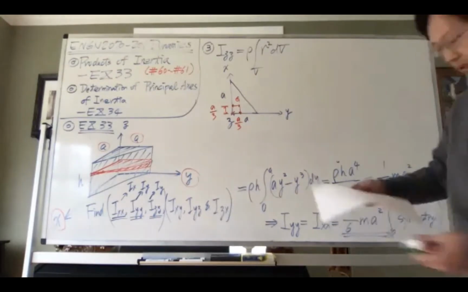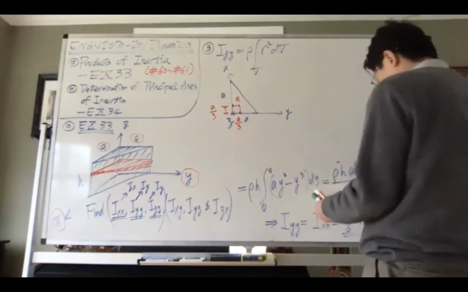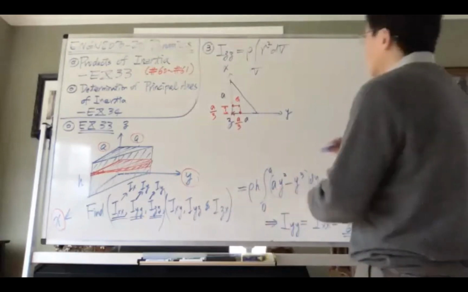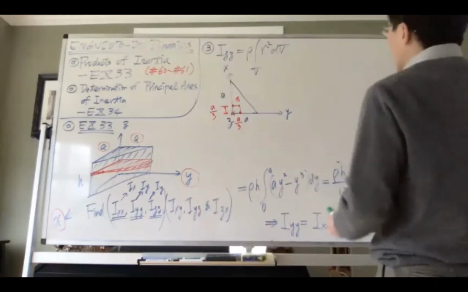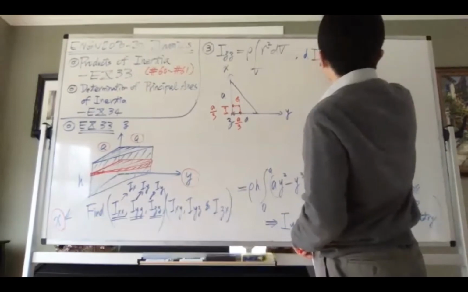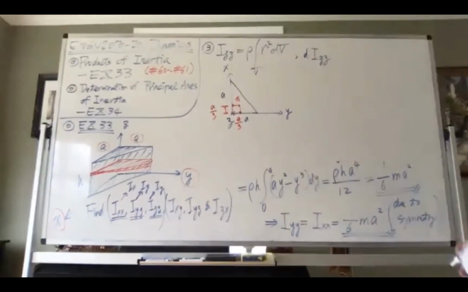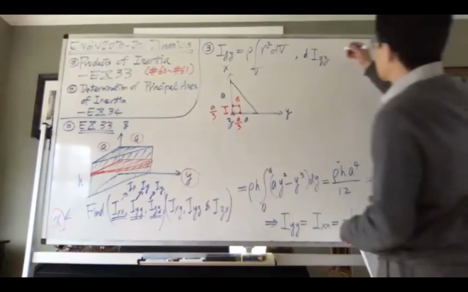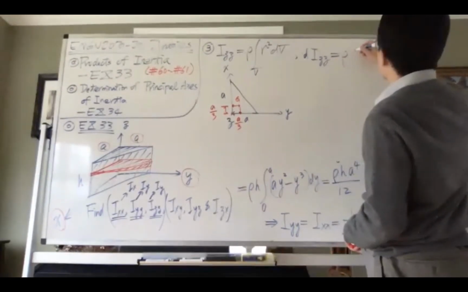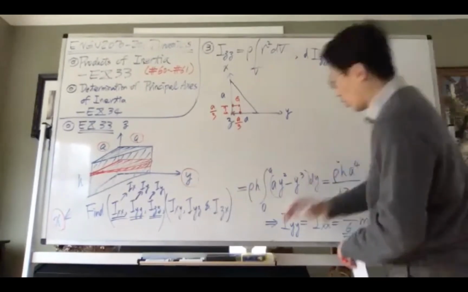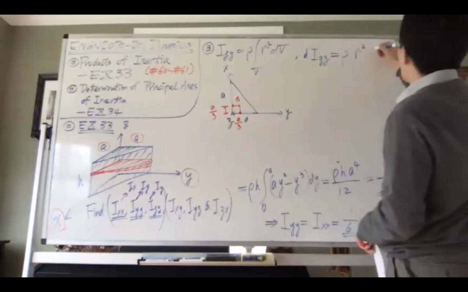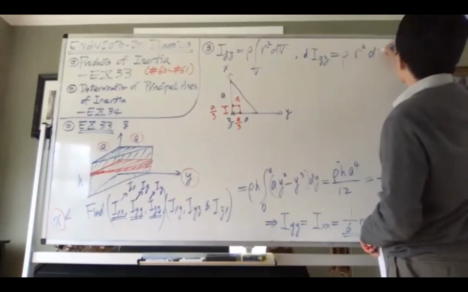So here, this is what we have. So that the unit volume can be defined by Izz, which equals rho times r squared, and r here has something to do with x and y, times dv.